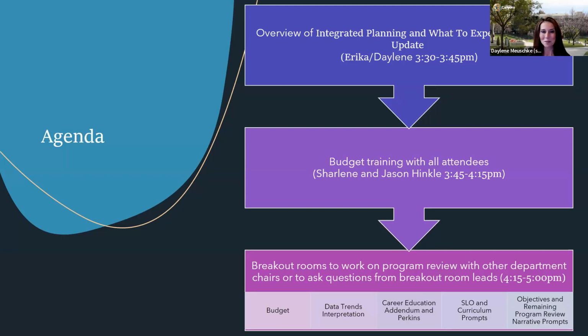She's brand new in that role for us, so we're excited to have her on board to help go over a brief overview of the integrated planning at COC and what to expect when you go into the module. Then Jason will give us an overview of the budget, and then we're going to open up some breakout rooms to really dive into some questions. When you go into those breakout rooms for budget, Jason can pull up budget and go through the module and demonstrate it for you. And then I can do the same inside of the program review module.